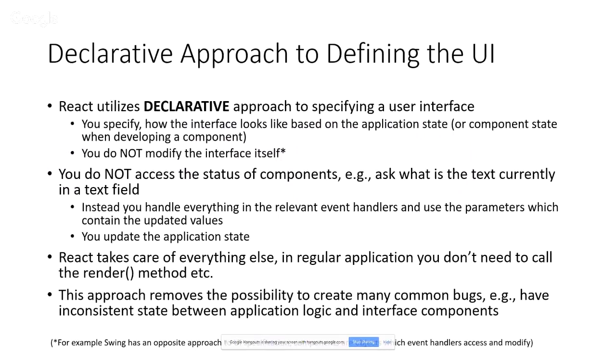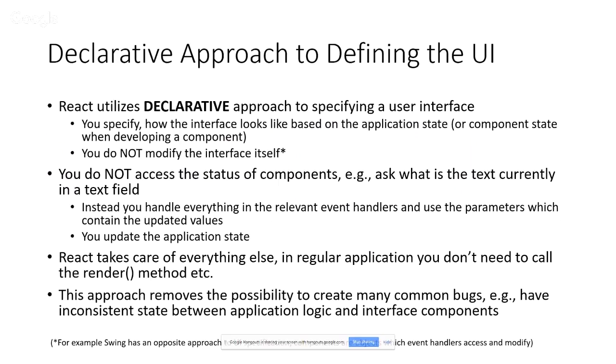And yeah, we are having this declarative approach. So you specify how the interface looks like in the render method. You never change the existing interface. You cannot really access the existing interface. Of course, you can try using the basic JavaScript method of just browsing the DOM tree and trying to change something, and that will break things badly and it will be very hard and so on.